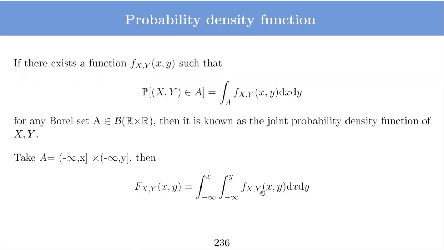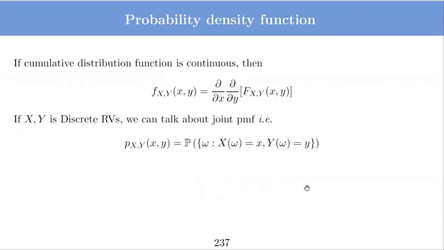Do not confuse this x, y with the integration variables. These x, y are where I need to calculate the CDF, and the others are local variables. So you can replace them by u, v: f_XY(u, v) du dv. You compute this, and finally you put the limits minus infinity to x and minus infinity to y for these two variables separately to calculate the value of the CDF at these two locations.